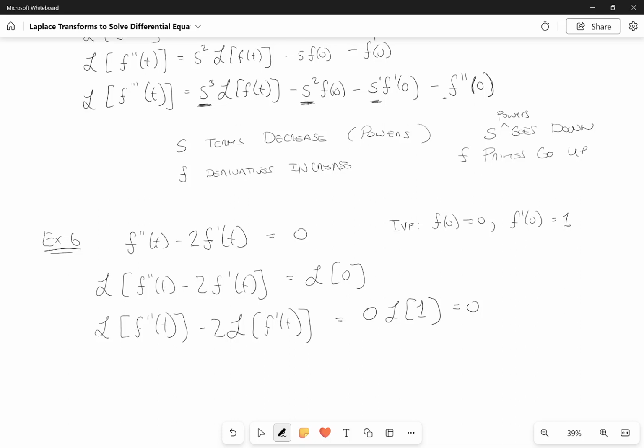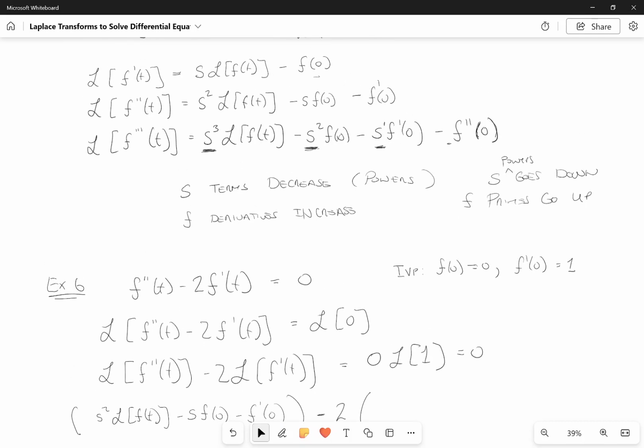So what is the Laplace transform of the second order derivative of f? Well, that is, right here, let me put this one down here, s squared times the Laplace transform of f of t, minus s times f at 0, minus f prime at 0, okay, that's the first one, minus 2 times, what is the Laplace transform of f prime?